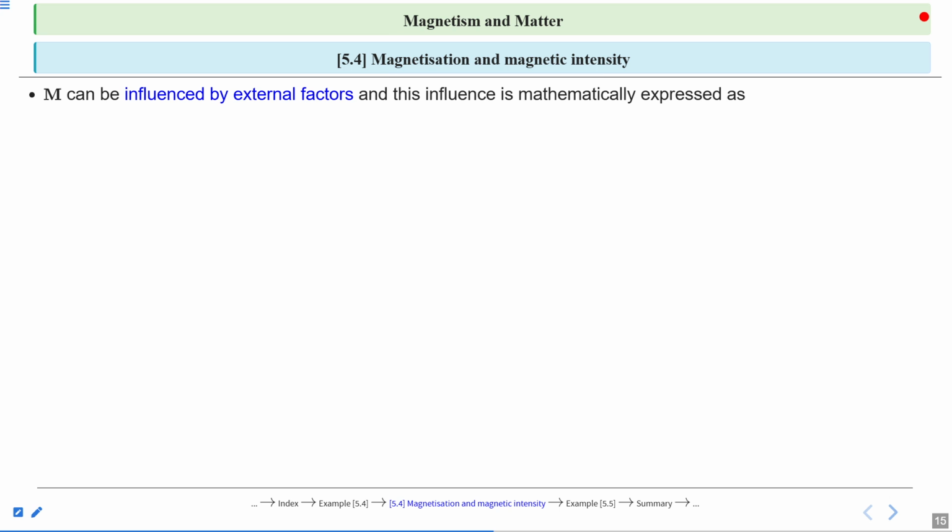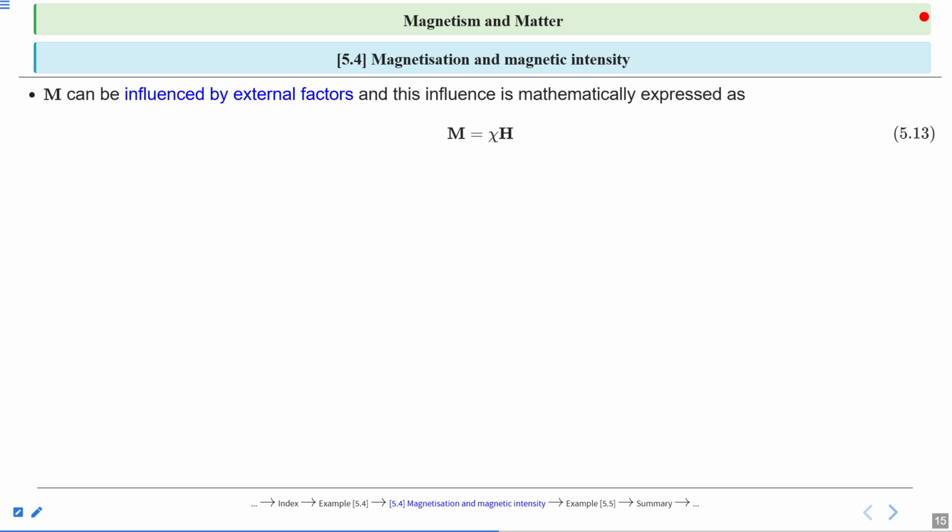Now M, the magnetization, can be influenced by the external factor, and this influence is mathematically expressed as M equal to chi H. What are the external factors?